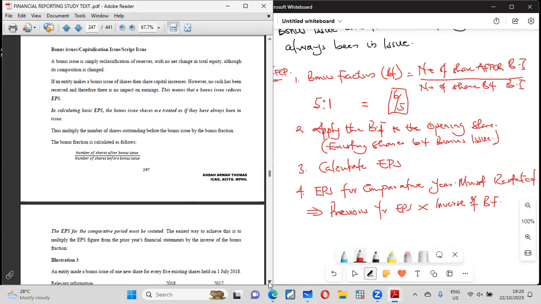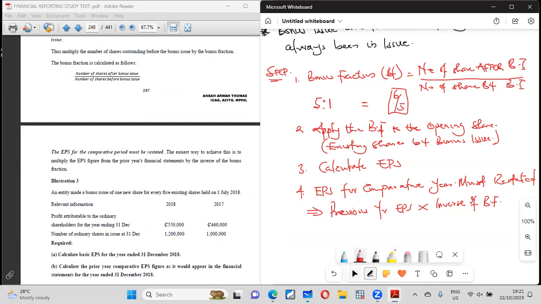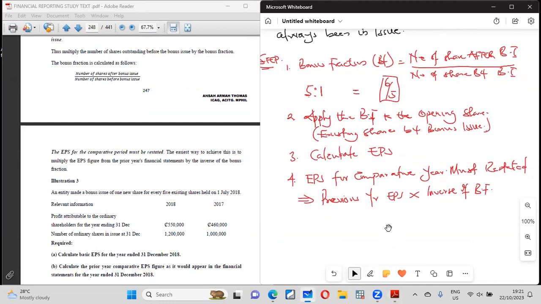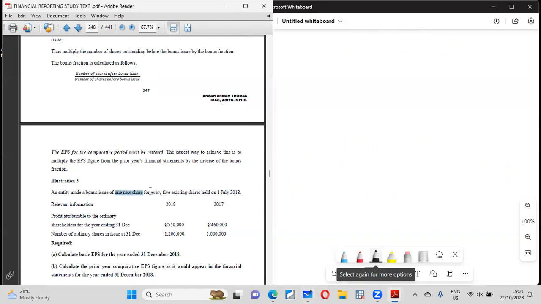All right. So we have this illustration. Now we have an entity that made a bonus issue of 1 new share for every 5 existing shares held on July 2018.